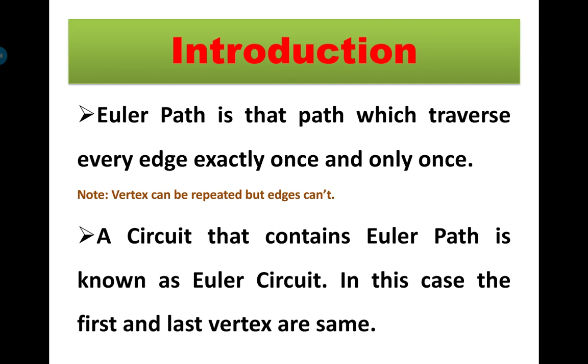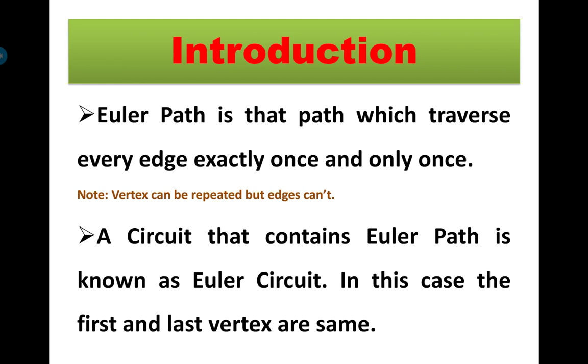So similarly here, in the Euler circuit the first and the last vertex are the same, okay. So basically Euler is a mathematical term that is used for various applications, and we will now see the application of this Euler rule in designing the layout of our VLSI circuits, right?